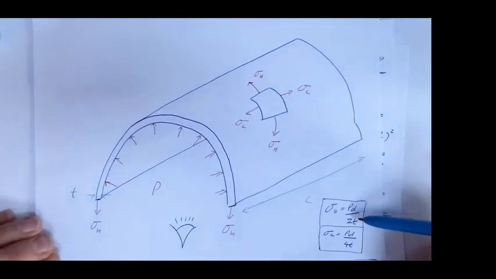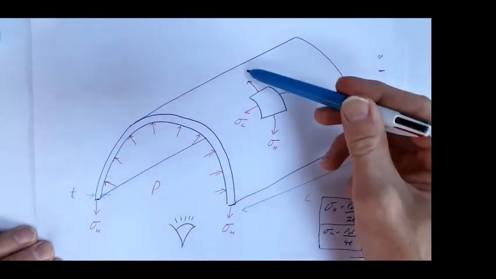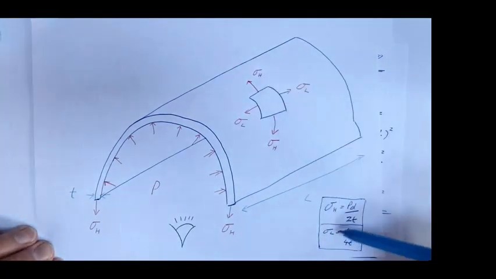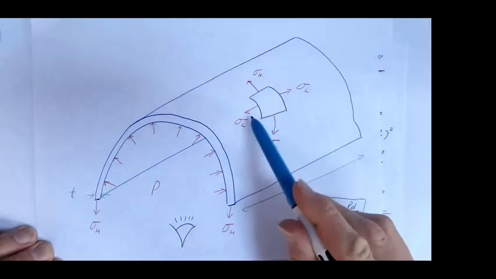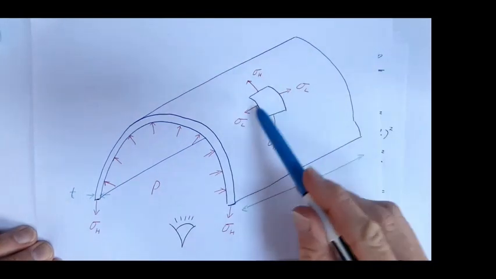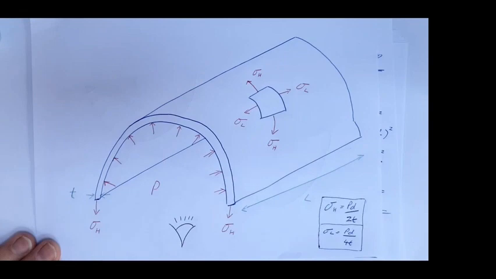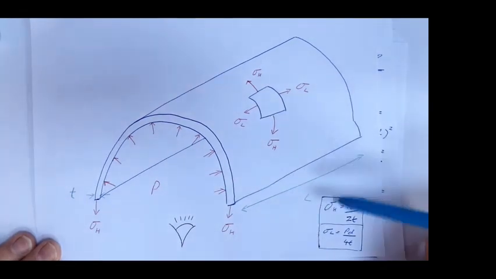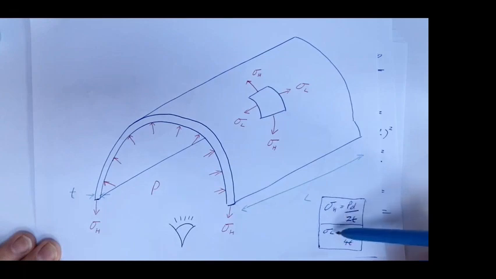So hoop stress, PD over 2T. That's the stresses in this direction. Longitudinal stress, PD over 4T. That's the stresses in this direction. Okay, so we've now worked out that the pressures inside the cylinder are causing hoop stresses and longitudinal stresses, and we can calculate what those are based on the pressures and the geometry of the cylinder.